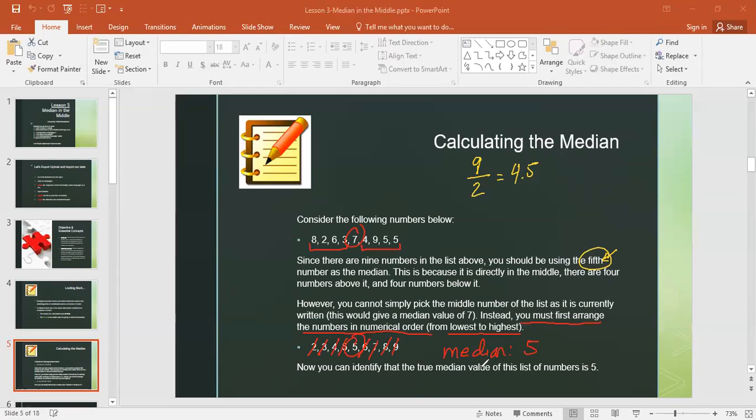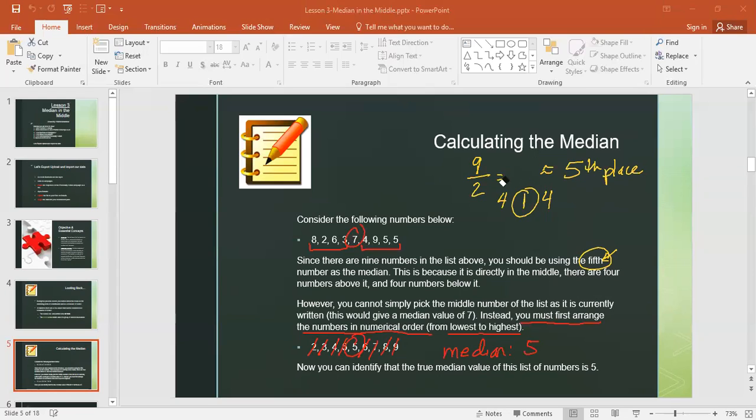That means there's going to be 4 numbers above it, 4 numbers below it, and 1 in the middle, and that 1 in the middle is going to be my median. So this 4.5 is going to round to 5, which is going to be the 5th place for my median.